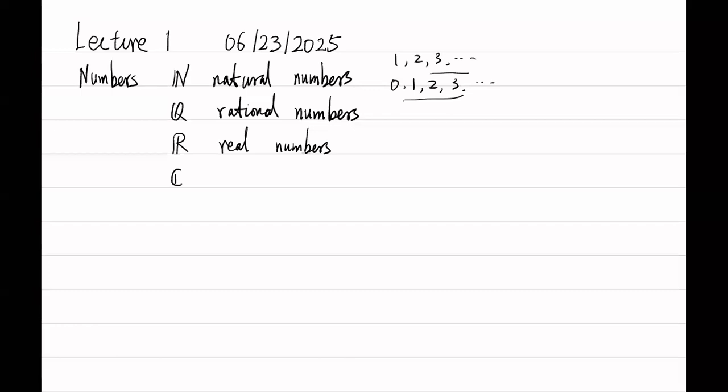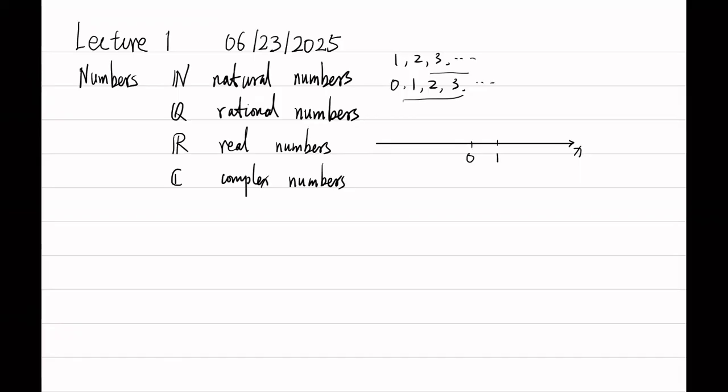Many of you have learned this before. So about the real numbers, we have this real line.